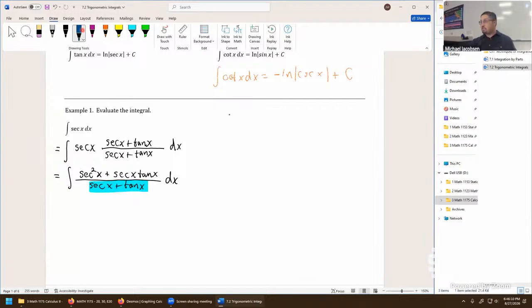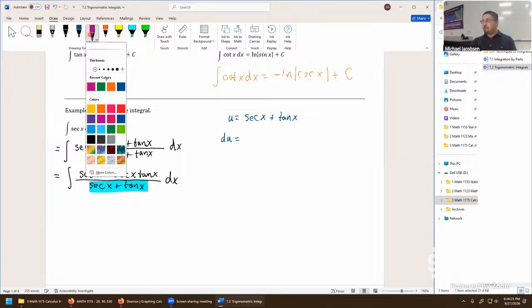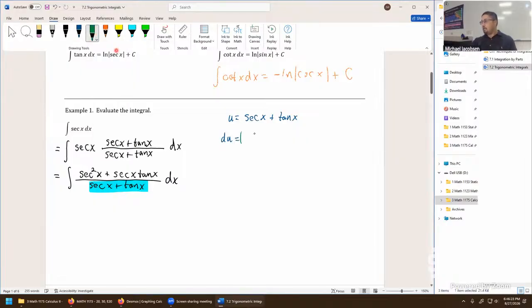So let's write out these steps. If u is secant x plus tangent x, then du would become the derivative of secant, which is secant times tangent, so this becomes secant x times tangent x.